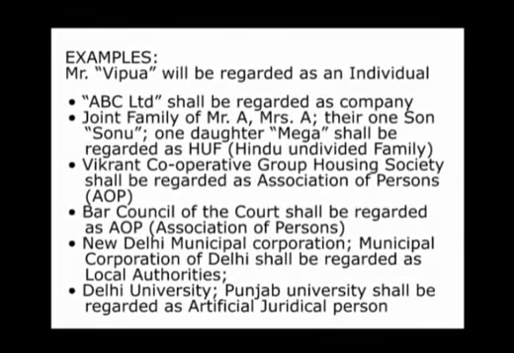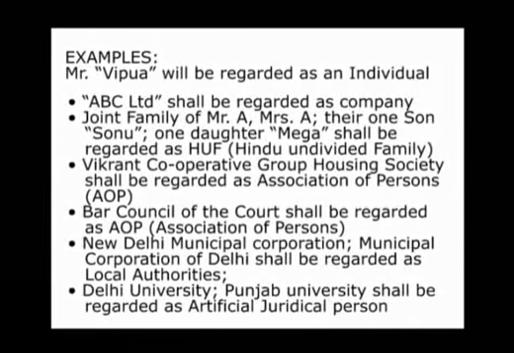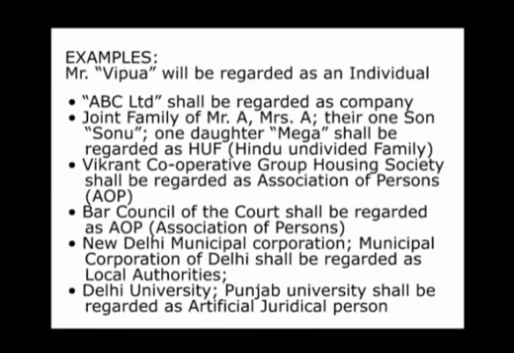Similarly, the New Delhi Municipal Corporation or the Municipal Corporation of Delhi will be regarded as local authorities, and as I told you earlier, Delhi University and Punjab University are good examples of artificial juridical persons. These are some of the examples by which I have made an endeavor to make you clear about the definition of the term person.